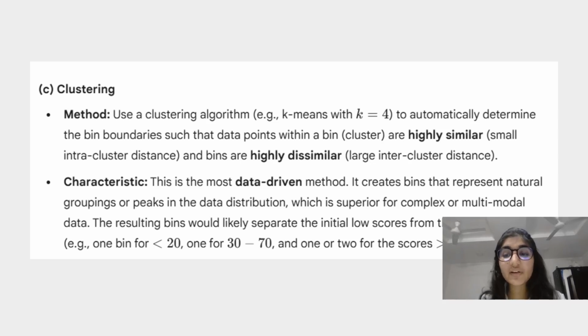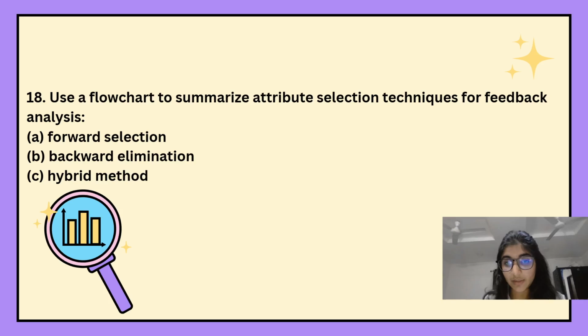It creates bins that represent natural groupings or peaks in the data distribution, which is superior for complex or multimodal data. The resulting bins would likely separate the initial low scores from the high outliers. Example: one bin for less than 20, one for 30 to 70, and one or two for the scores greater than 90.